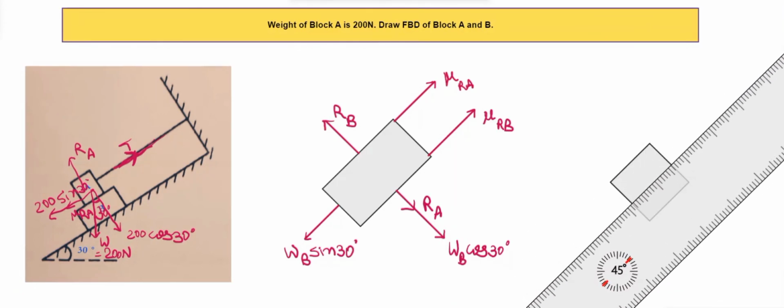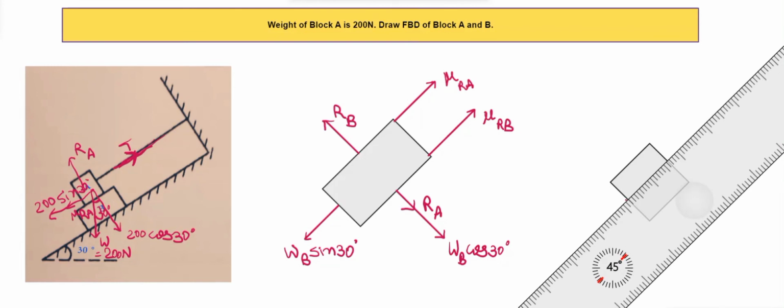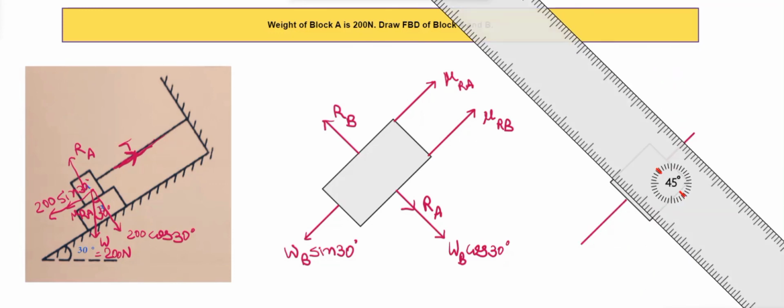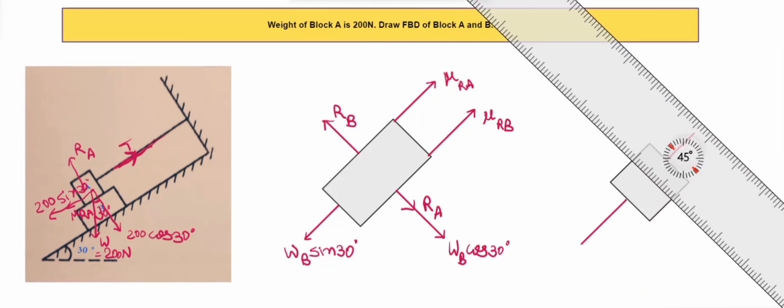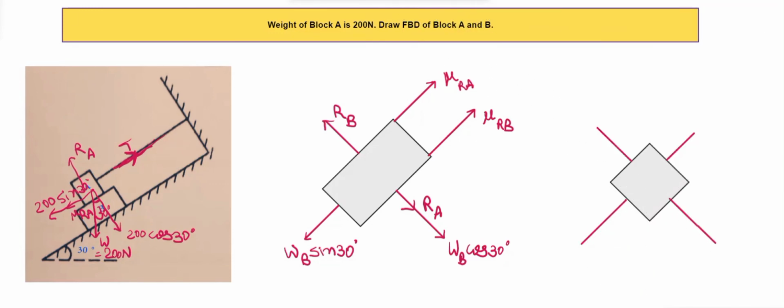Now draw a rectangle and a horizontal line and a vertical line, and we'll show all of the forces. Here we'll write T. Then here the friction is acting, which is mu RA. Here it is 200 cos 30, and here it will be 200 sin 30.